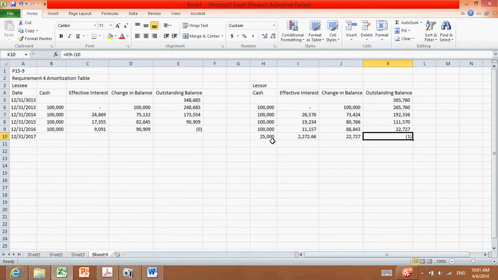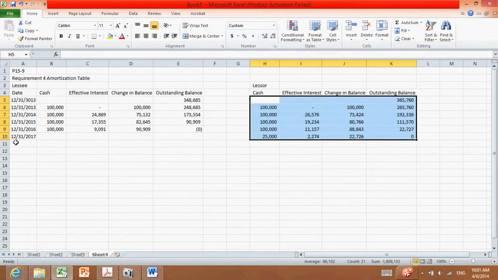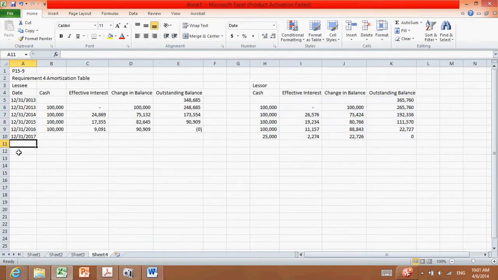Because of the rounding issue, I'll add $1 here to make the balance 0. Okay, so that's my requirement for the amortization table.